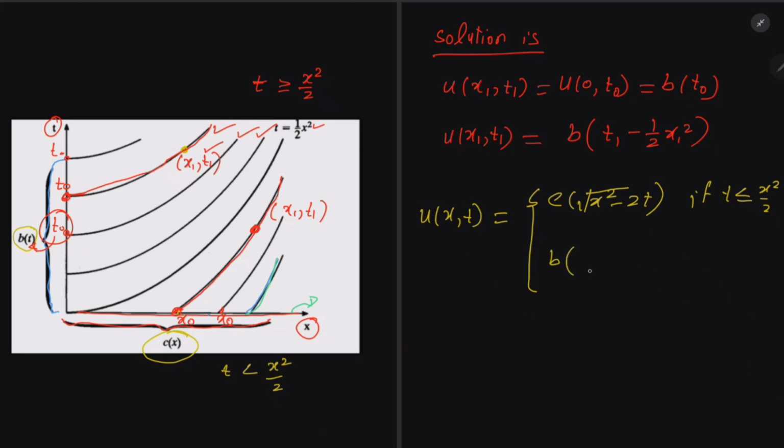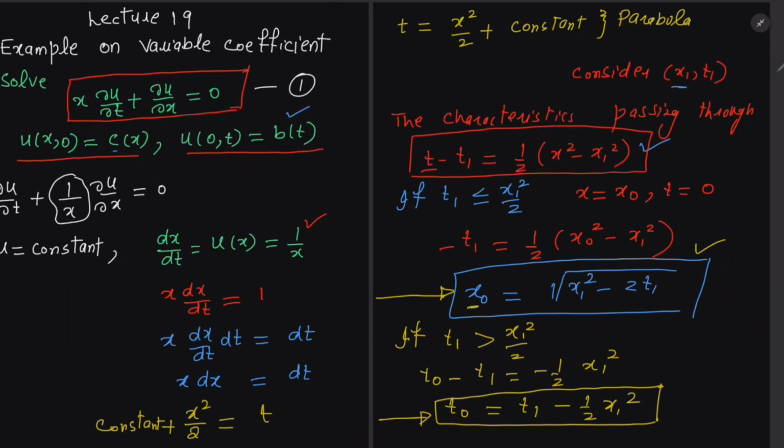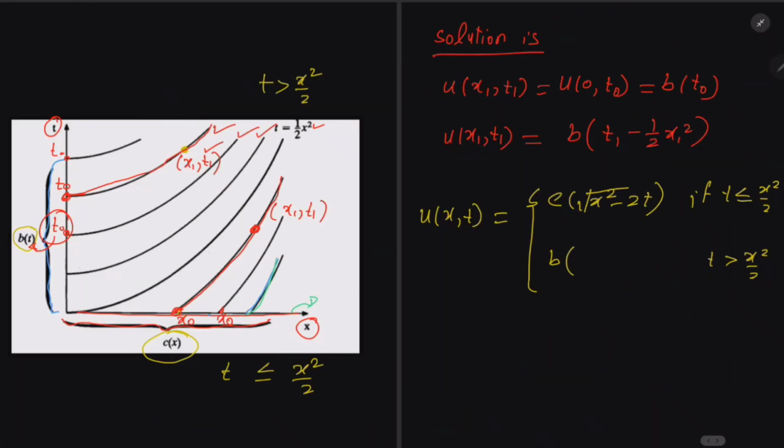So t is less than or equal to x squared by 2 is one situation, and t greater than x squared by 2 is another situation. When we have t naught, we put that value into b.